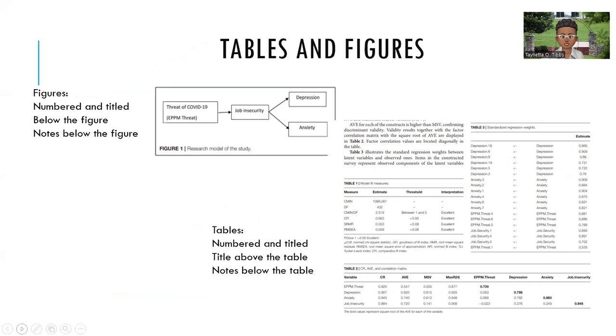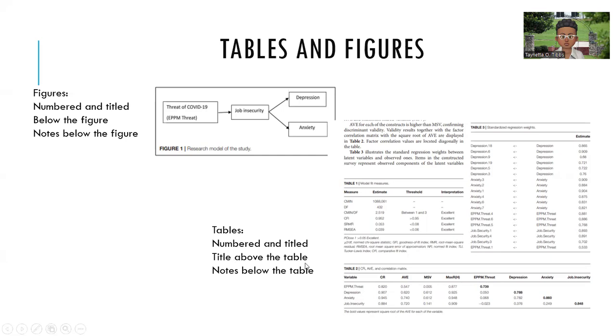As they show up in your document, they should be numbered so you can reference that figure in the text. The title should be below the actual figure as demonstrated here, and any notes will be below the figure.